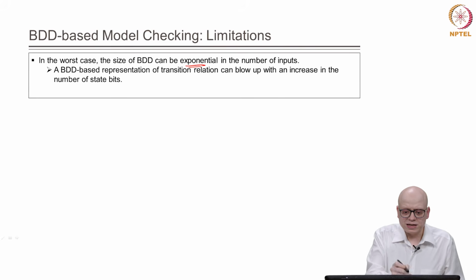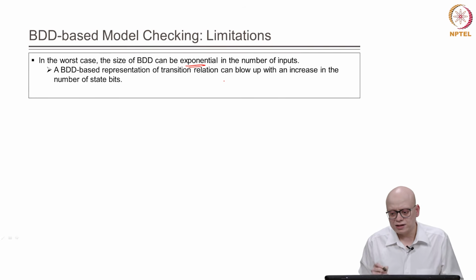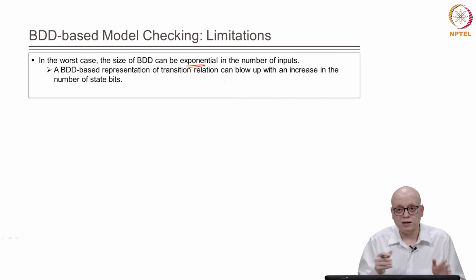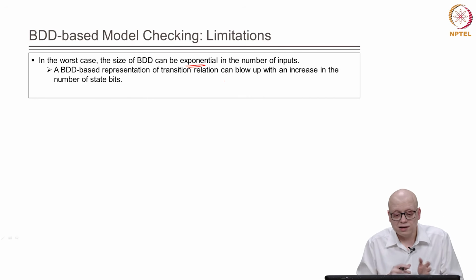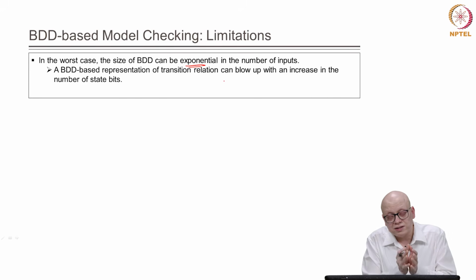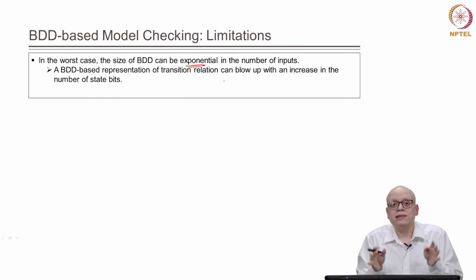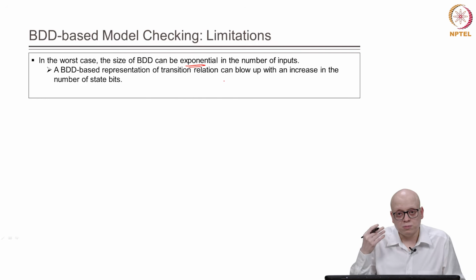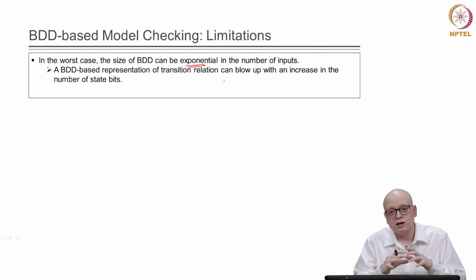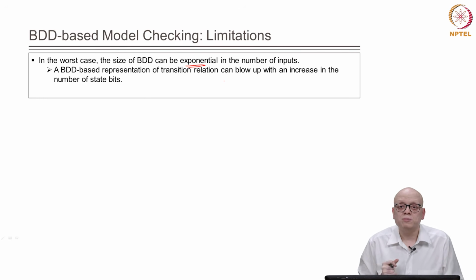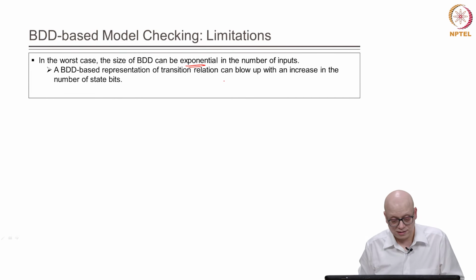A BDD based representation of the transition relation can blow up with an increase in the number of state bits. If the number of state bits increases, then the number of variables in the Boolean function representation grows, and therefore the chances of the BDD exploding or running out of memory become greater.